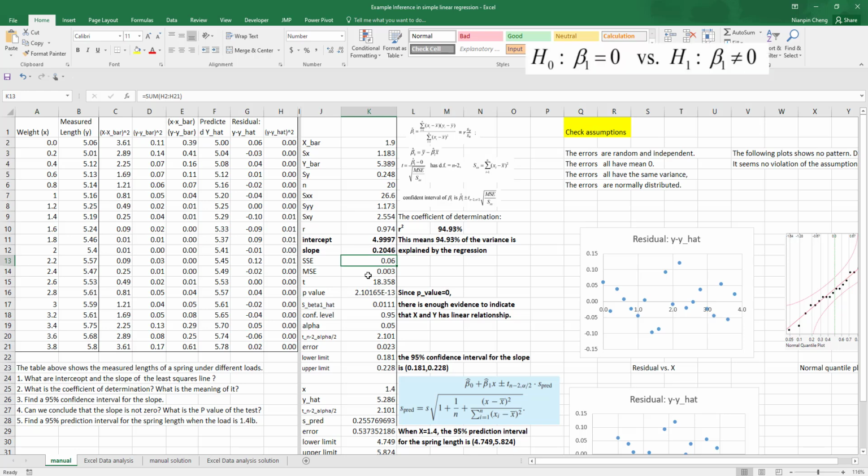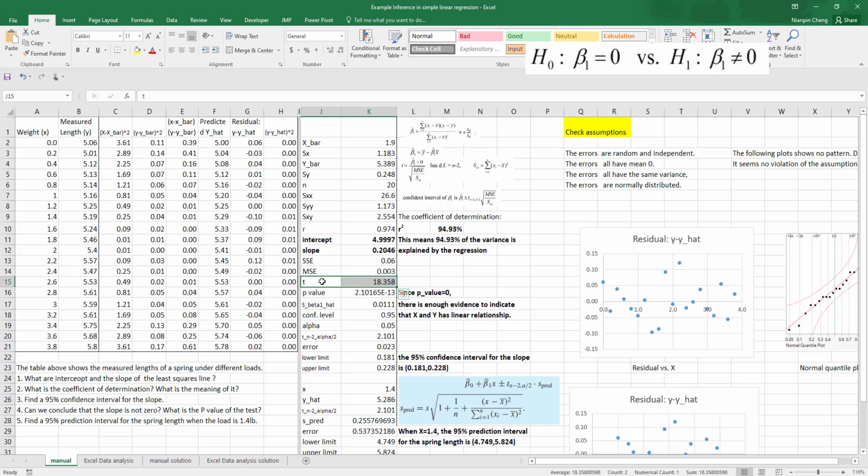For this hypothesis testing, the null hypothesis is there's no linear relationship, which means slope is 0. The alternative is there is a linear relationship, so the slope is not equal to 0. We need to know the test statistic, which is the t-value.